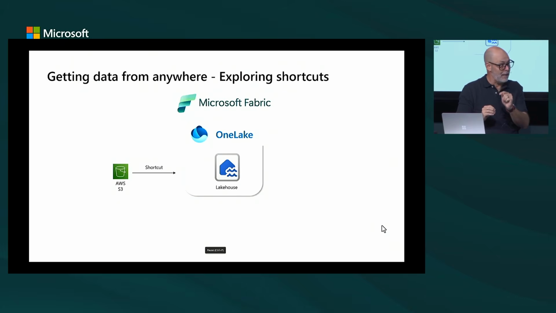One, an AWS S3, where I'm going to land a CSV file, and then an Azure storage account where I'm going to have a Parquet file. It could be from a sales system in one of the sources, and from the master data source in the other one. Imagine your scenario, but again, two completely different environments.